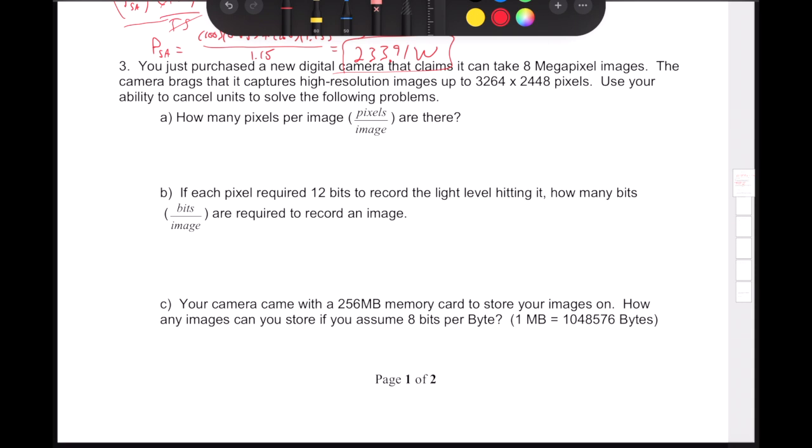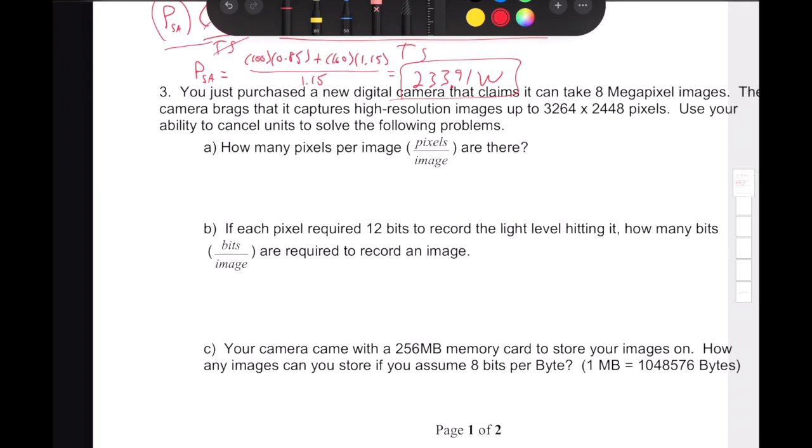Use your ability to cancel units to solve the following problems. Well, we're going to use unit cancellation, but mostly this is just a logic exercise. And again, you don't have to know anything about digital cameras or telescopes in space or anything like that. First part of the question says, how many pixels in an image are there?